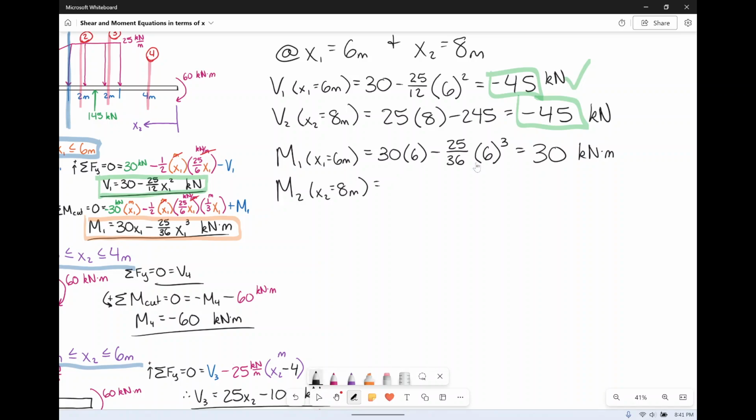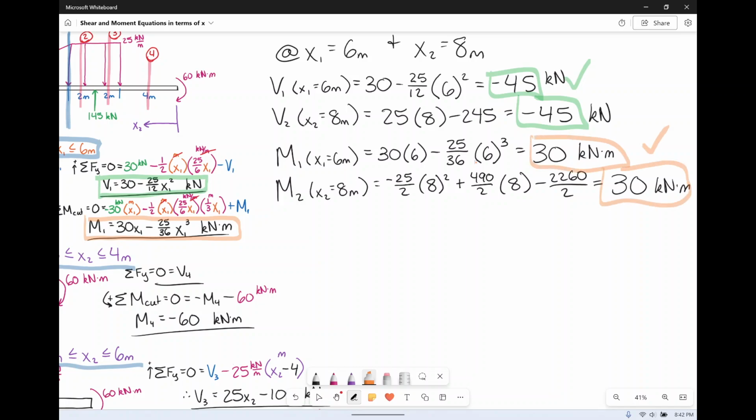So we have minus 25 divided by 2 times x2 squared, so that's 8 squared, plus 490 divided by 2 times x, which is 8, minus 2260 divided by 2. And yes, if you actually plug that into your calculator, go ahead, give it a whirl just for me, and you're going to find 30 kilonewton meters. And those two are the same, which means it worked.